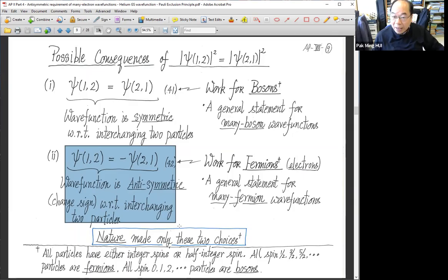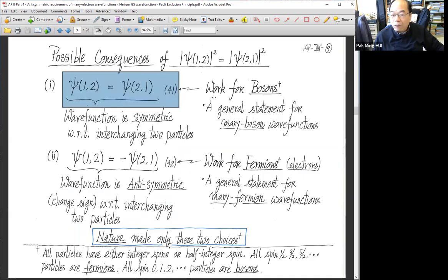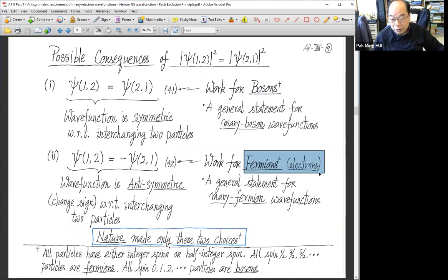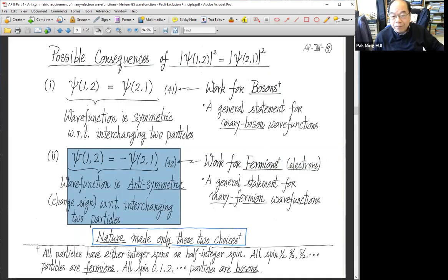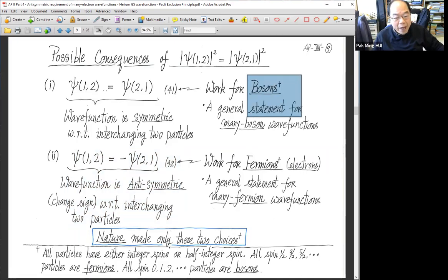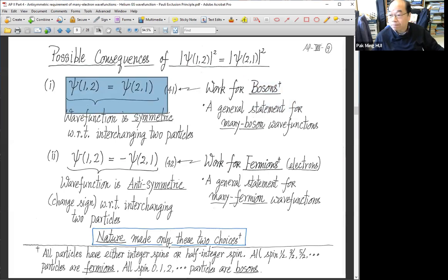But nature is very clever. It also makes this option, but for another type of particles called bosons. In fact, all fermions, not only electrons, obey this antisymmetric requirement, and all identical indistinguishable bosons have to obey the other situation.